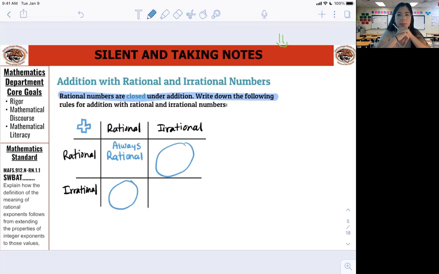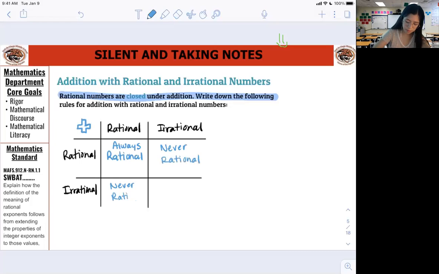When you mix them together, it's irrational. Good. In this case, it's always irrational. So in other words, it's never rational. When you mix them together, it's never going to be rational.